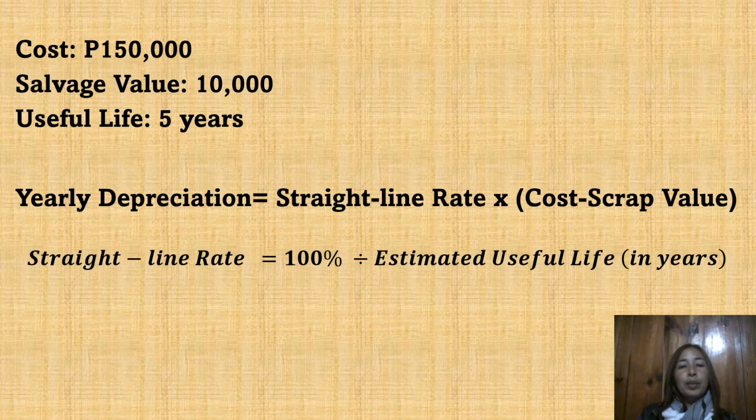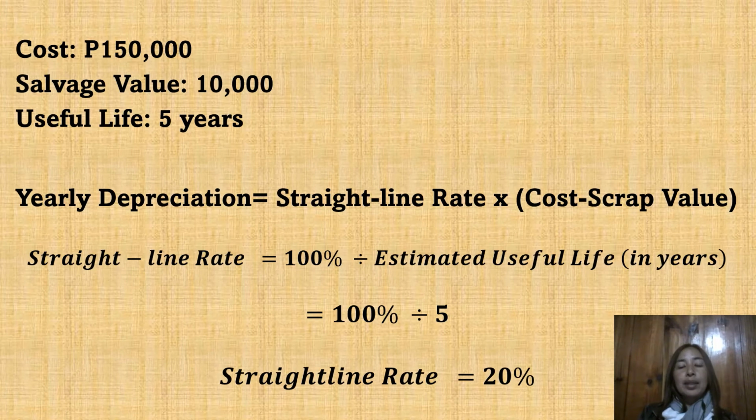And when we're going to use that, substitute lang natin 100% divided by 5 years. Unahin muna natin na kunin yung straight line rate. So we use the formula na binigay kanina, 100% divided by estimated useful life in years. Kaya meron tayong 100% divided by 5, so that is the 20%. 20% ang ating gagamitin na straight line rate.